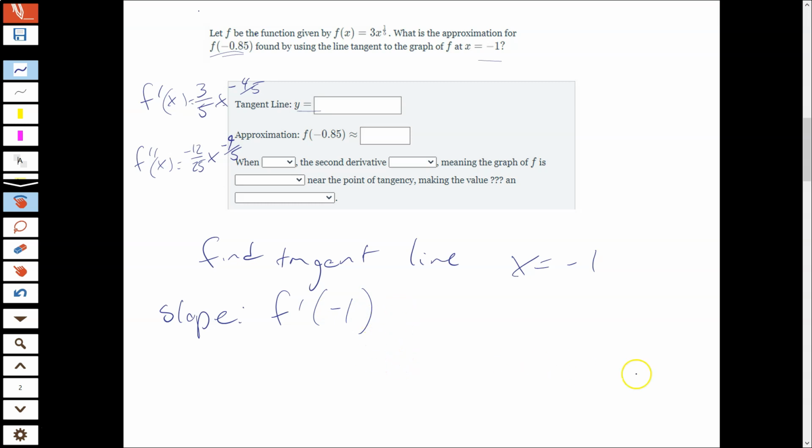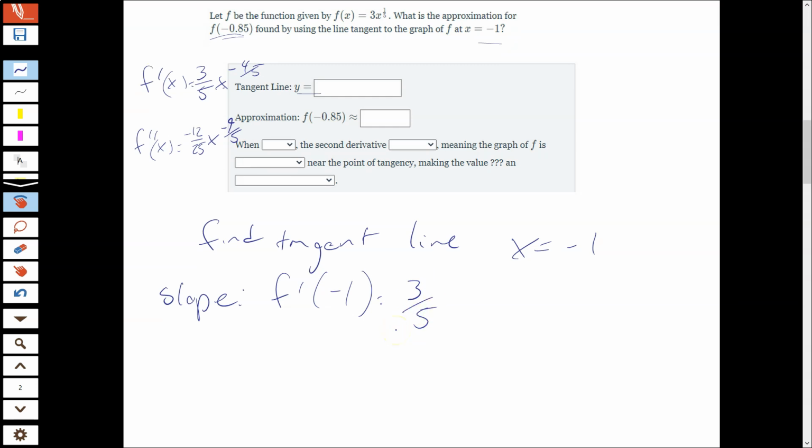So I'm going to plug that in. And you can do this on your calculator. Make sure you put the exponent in parentheses. You're going to get 3/5 for your slope. And then the equation of my tangent line, right? Well, it's going to be y minus y1 equals 3/5 times x minus x1. And we know that our x1 is -1, so x plus 1.